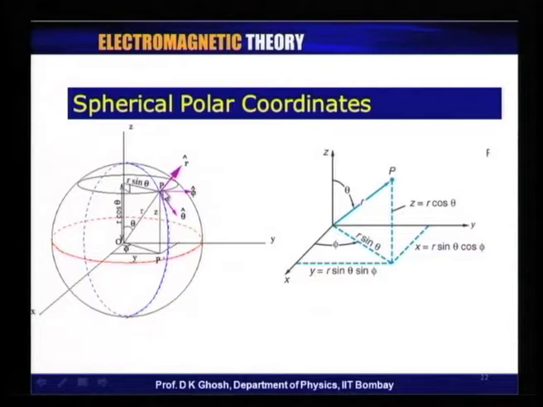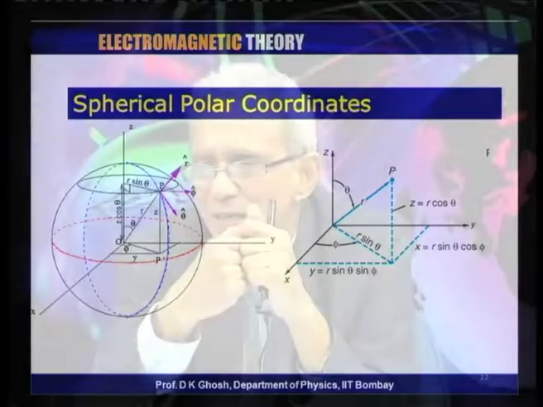So, what happens is this. Now, how do I describe a point P? What are the coordinates? So, the point P, the first coordinate is very simple. Now, remember, I do not have to be on the surface of the earth, it is anywhere in that sphere. So, first coordinate is simply join the point P with the origin, and the distance r is the radial distance.